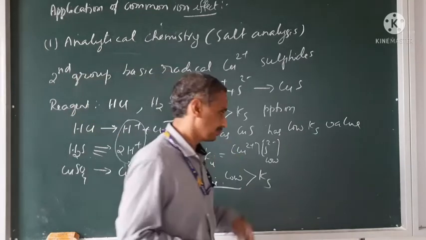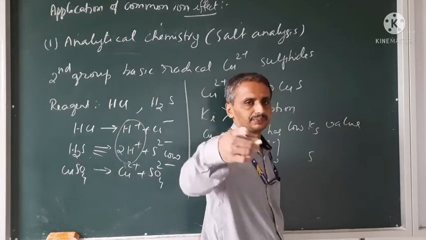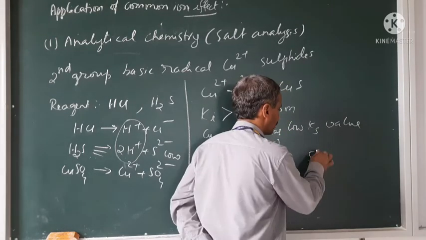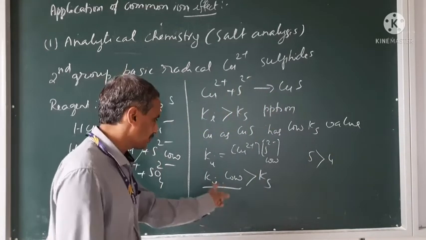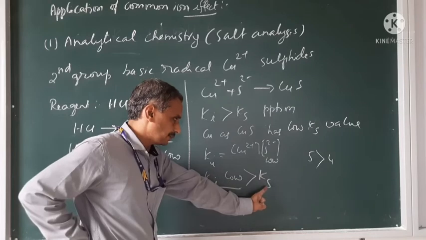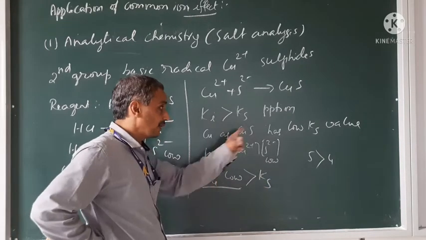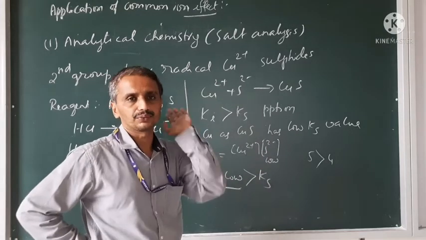Just simple, you see. Ki is a very small value, but if the other value is smaller, then this Ki can cross it. Yes or no? The solubility product is low only, and the Ki obtained here is low, but it is greater than the Ks value, so the precipitation occurs.